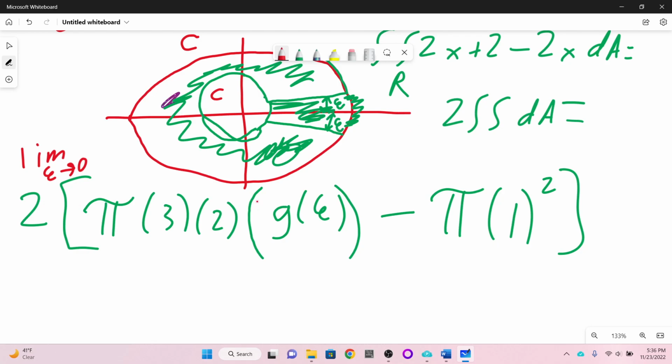I guess this should be a 1 minus g of epsilon. I'm sorry, that would make more sense. Because if g of epsilon is the error we get for this, then as epsilon gets small, this vanishes. And what we're left with is 12 pi minus 2 pi, or 10 pi.